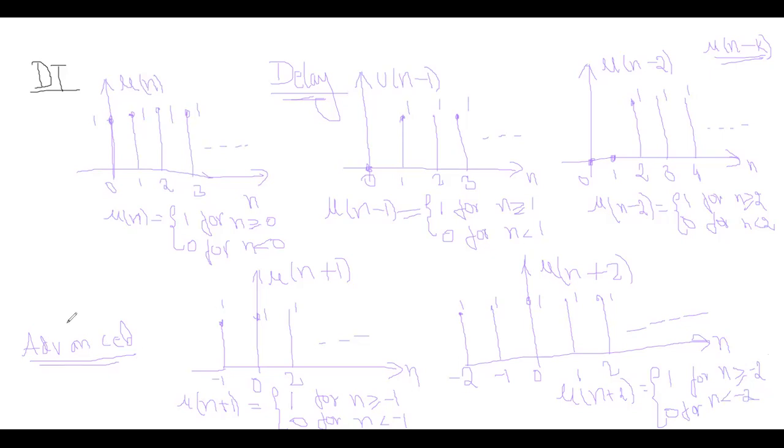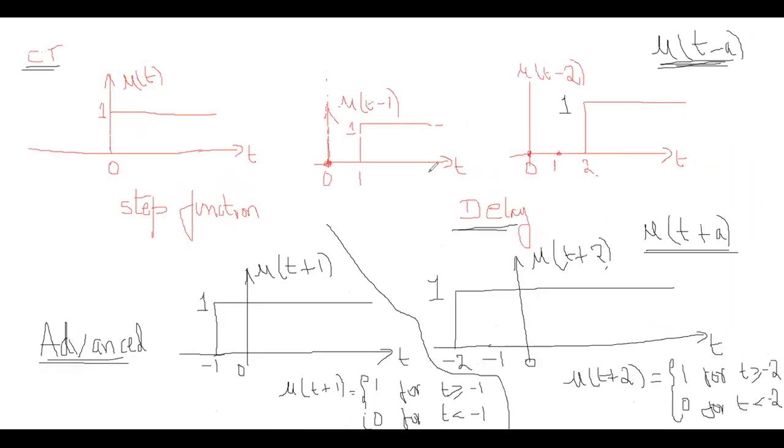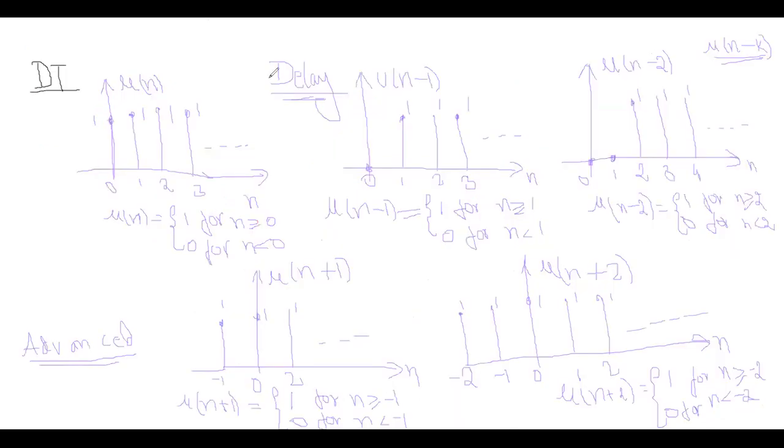Now you can get one idea how the continuous time function, you see this is a continuous time function, advanced signal and the delay signal. Delay means shifting to the right side. Advanced means shifting to the left side. And for the discrete time function, here also the delay and advanced is mu of n plus k.